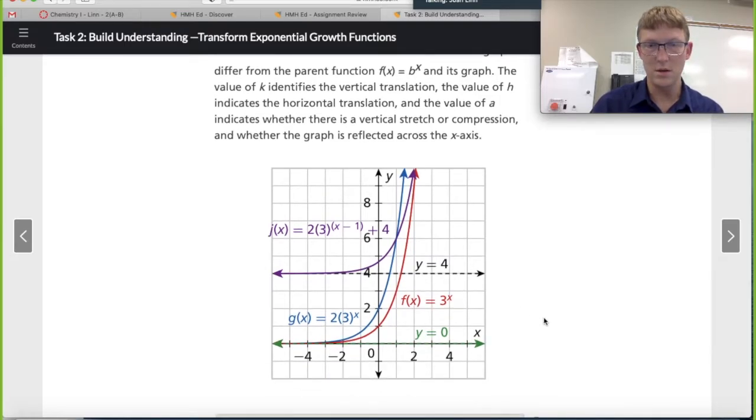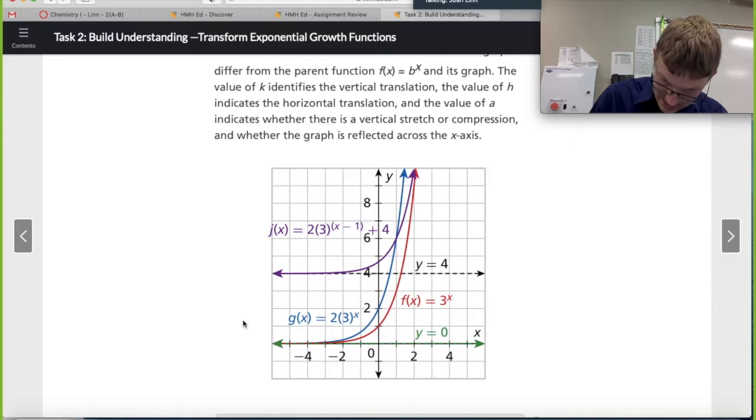Then you can do all kinds of stuff to it. You can vertically compress or stretch it with a number out front. So notice the blue is 2 times 3 to the power of x. Still has the same asymptote. Still is an exponential growth. But notice how it crosses the y-axis at a different point. That's going to be important later on.